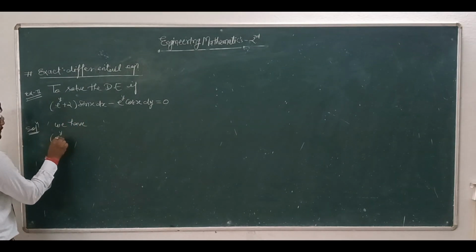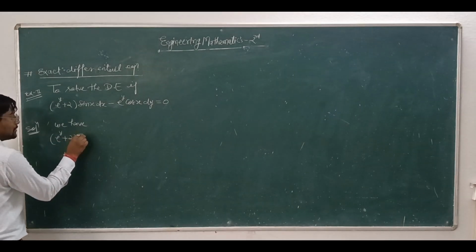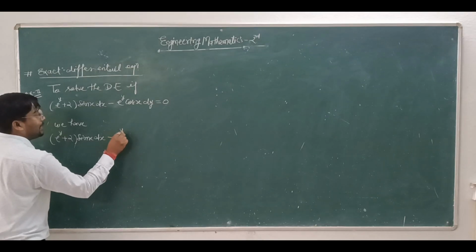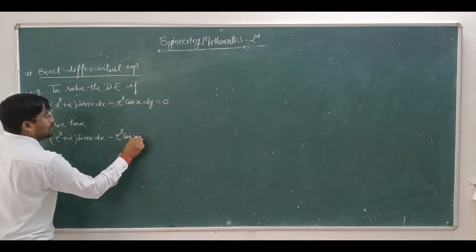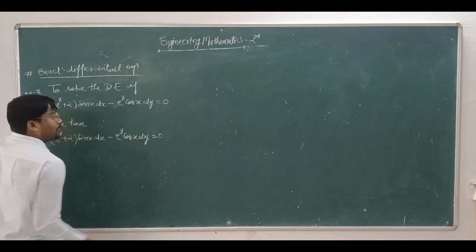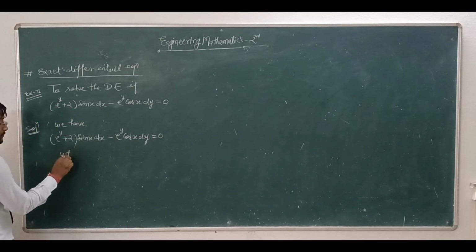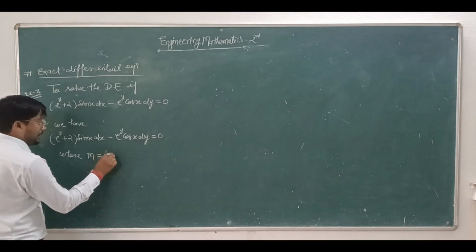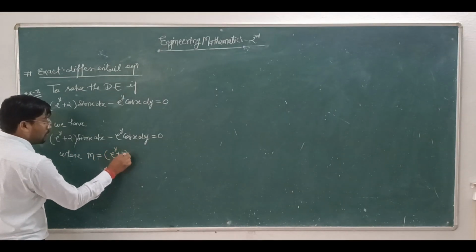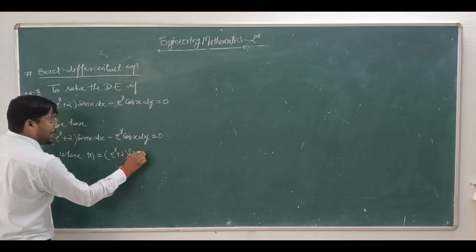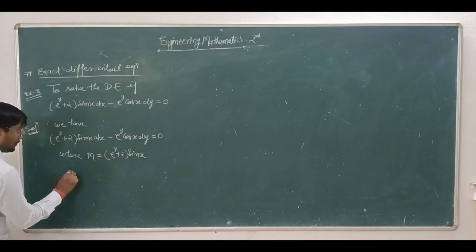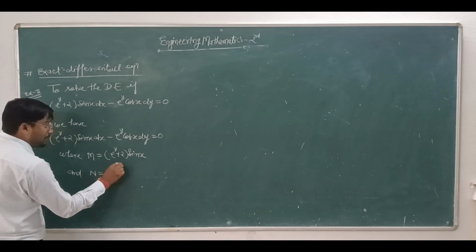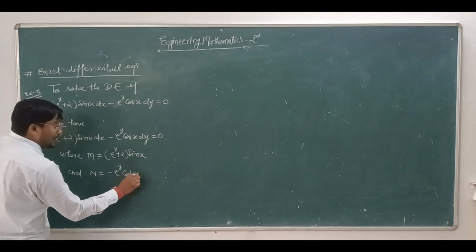(e^y + 2) sin x dx − e^y cos x dy = 0, where M is equal to (e^y + 2) sin x and N is equal to −e^y cos x.